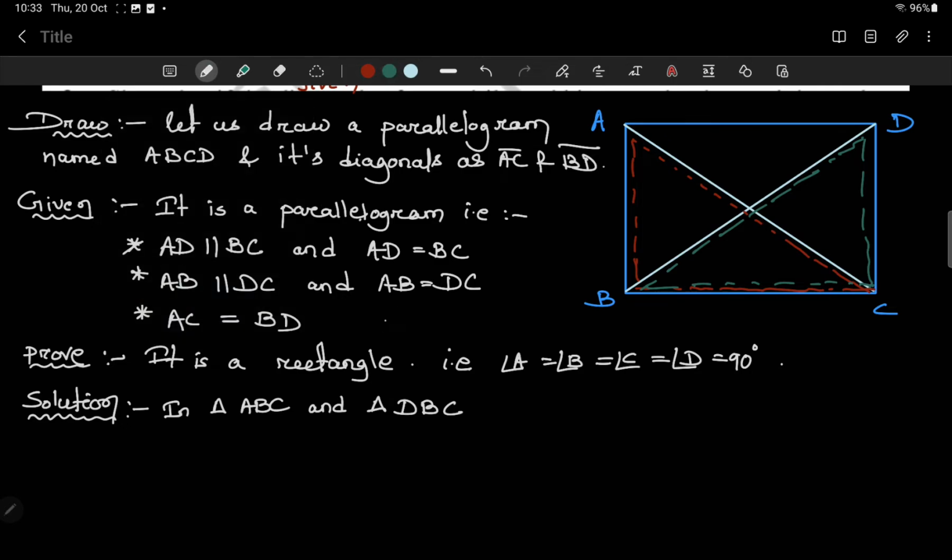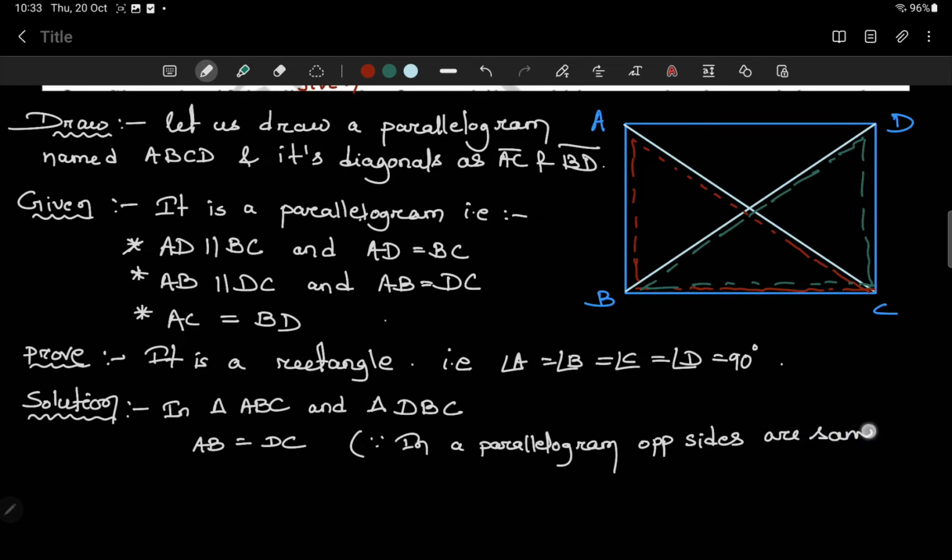In these two triangles, can I write that AB equals DC? Why? In a parallelogram, opposite sides are equal. Yes, this equals this. Also, AC equals BD.